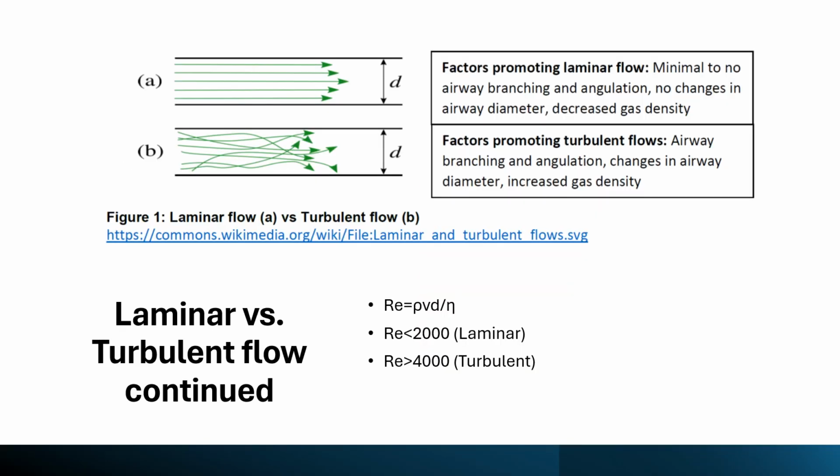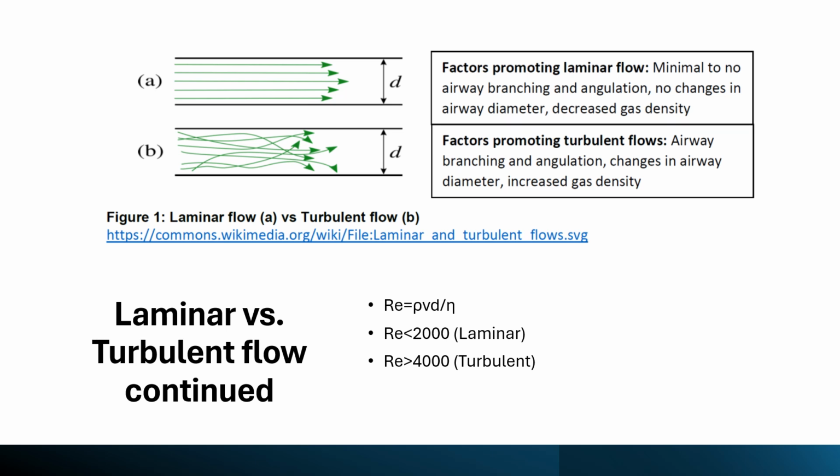So let's talk a little bit about laminar and turbulent flow and the so-called Reynolds number. The Reynolds number formula is basically the multiplication of the density of the gas or fluid times the flow velocity times the diameter of the orifice divided by the substance viscosity.